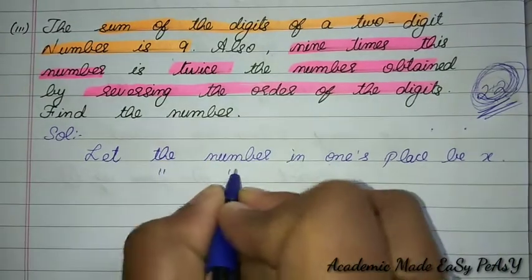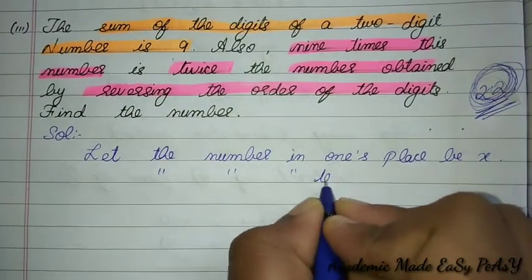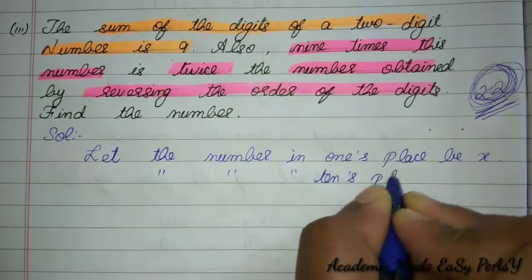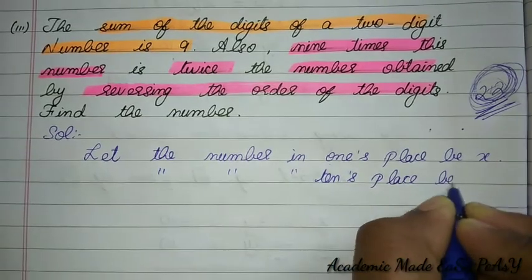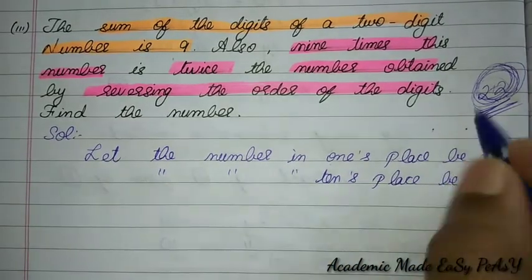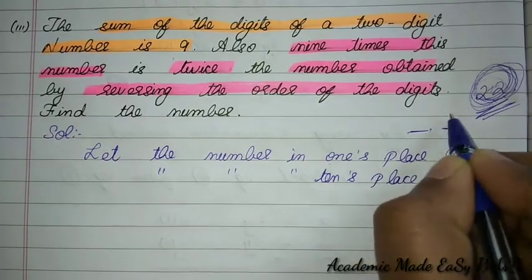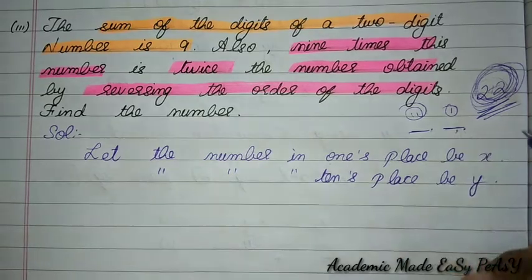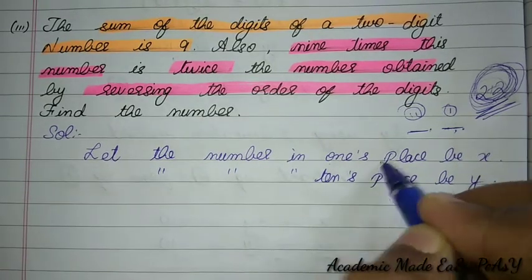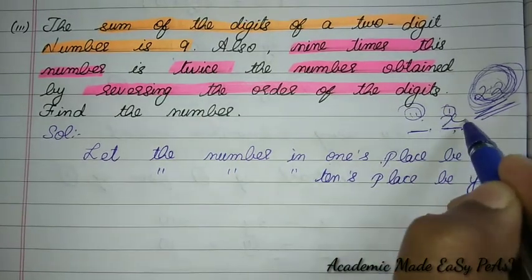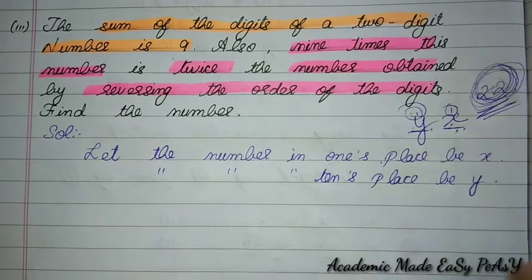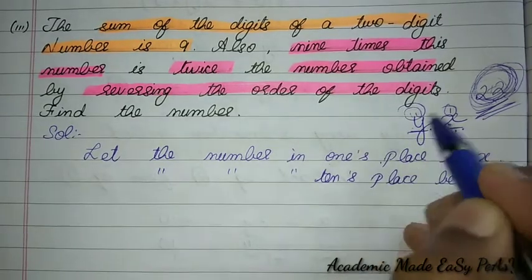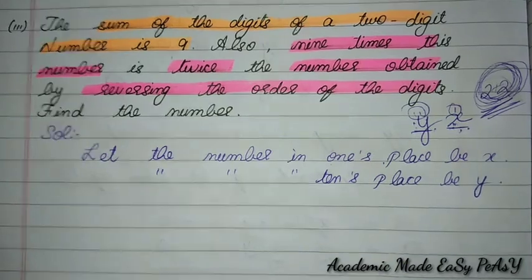So let the number in tens place be y. Okay, so if we have any two-digit number, this is called ones place and this is called tens place. So that is what I have taken. This is ones place, x in ones place, that is here, and here it is y. So this is ones place, this is tens place over here.